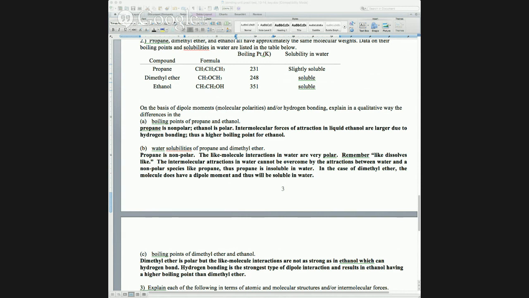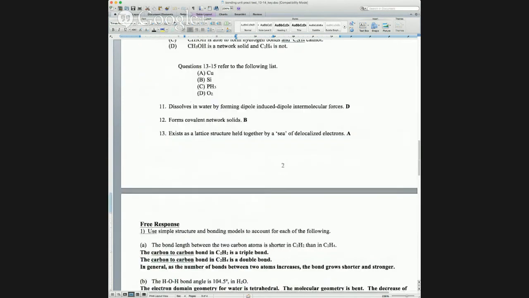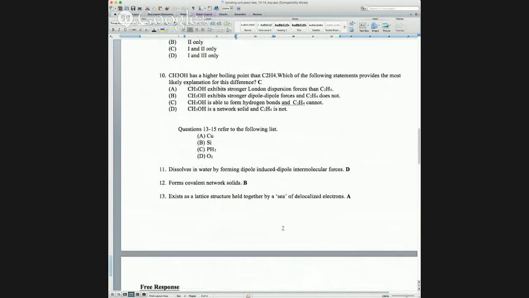Then Ali had a question on multiple choice number 11. So let's scroll up here. Dissolves in water by forming dipole-induced dipole intermolecular forces. Well, I just talked about induced dipole.